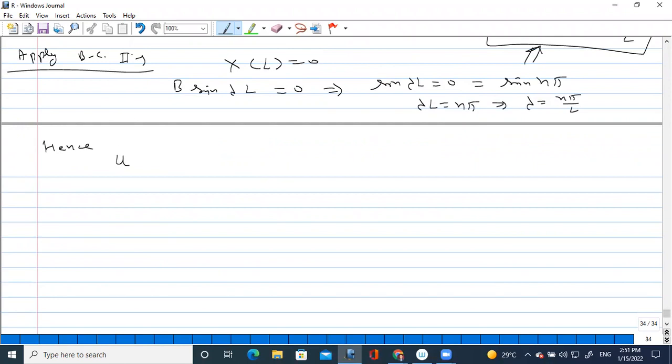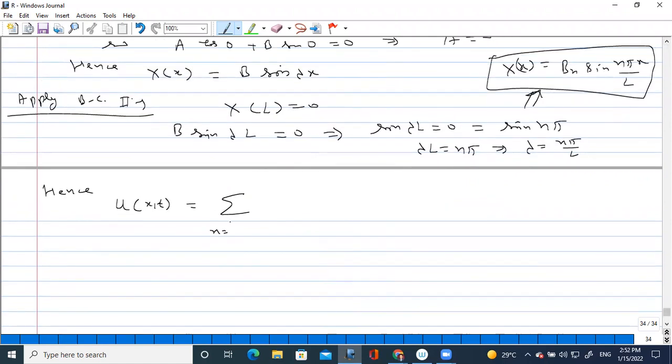Hence, u(x,t) will be summation. Now it will become in the form of summation, because it has given me the series. Summation n equal to, you can put 0 to infinity, bn sin n pi x by L into e to the power minus, now you have to put lambda value here also.